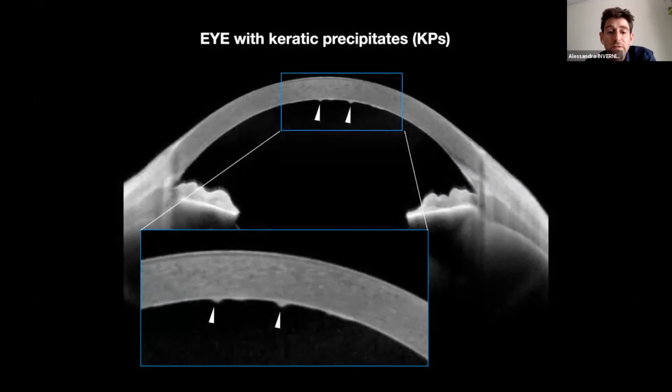On top of this, we know that anterior chamber OCT can allow us to see keratic precipitates. There is no actual standardization for the counting of these, but definitely we can see them and we can somehow track them over time.